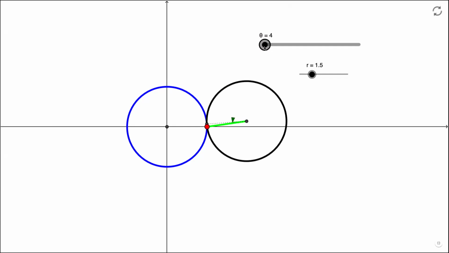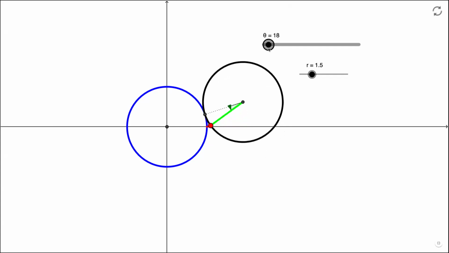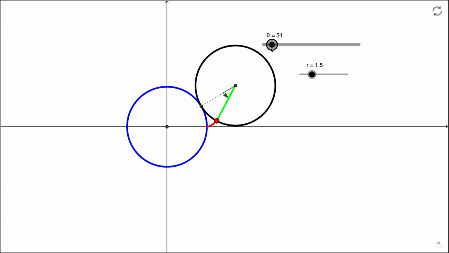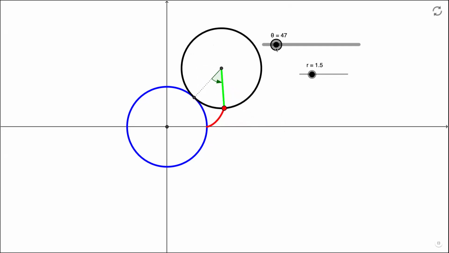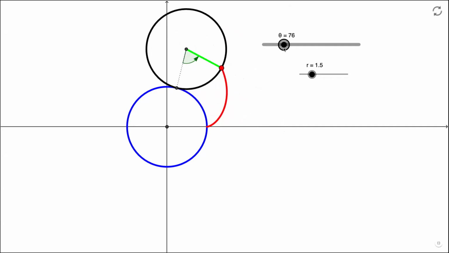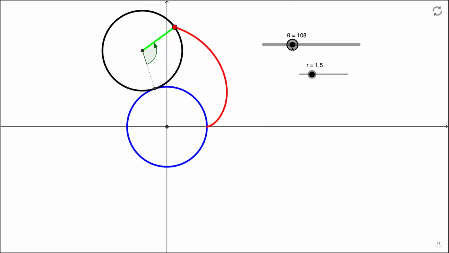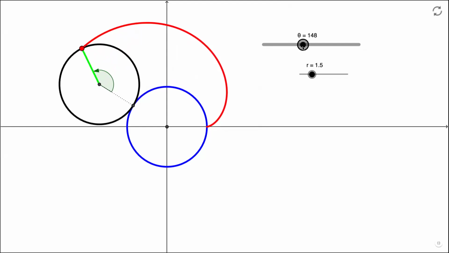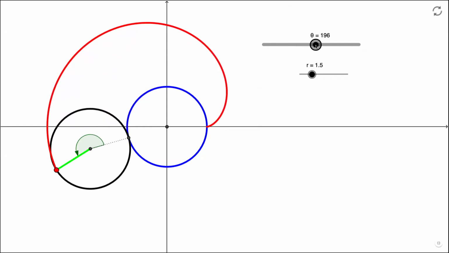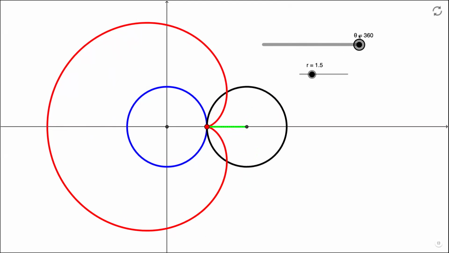Just imagine the black circle starts rotating, and notice that you're keeping track of the red dot. And then you get the cardioid.